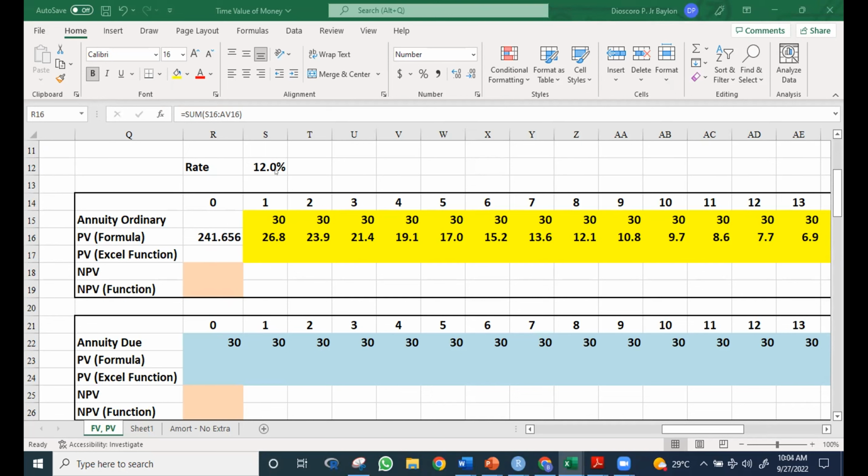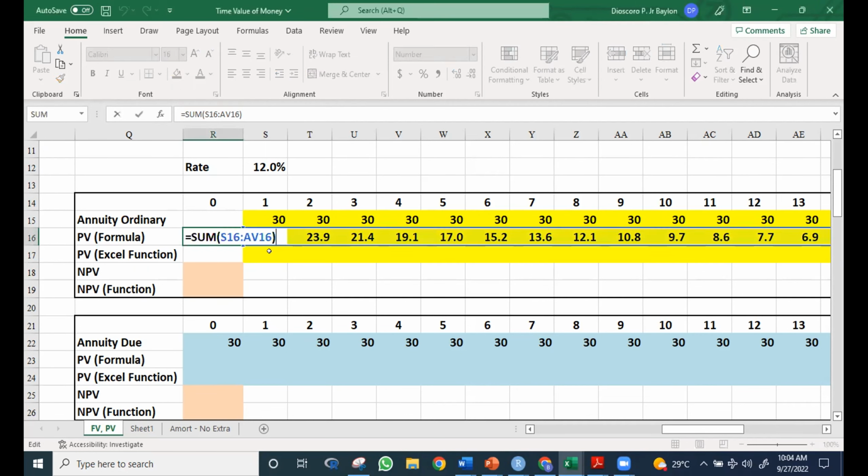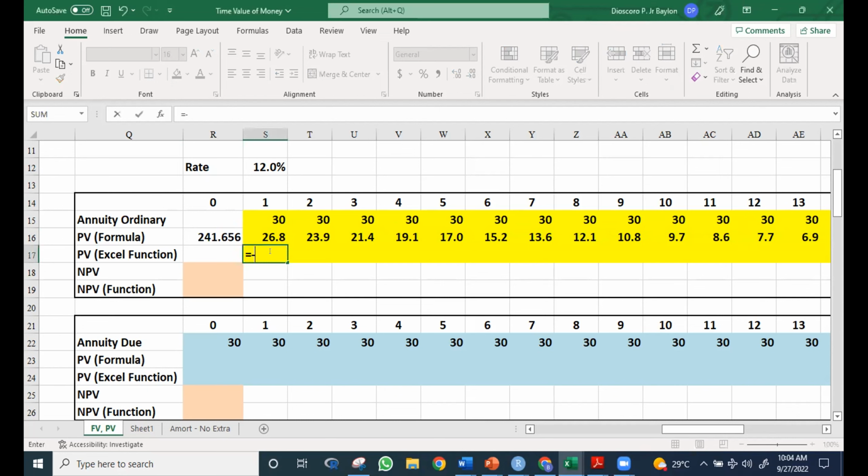Okay, 30,000 for the next 30 years. Also we can use the PV function because we're getting the PV. So let me put negative PV here, because I know it will give us a negative answer.